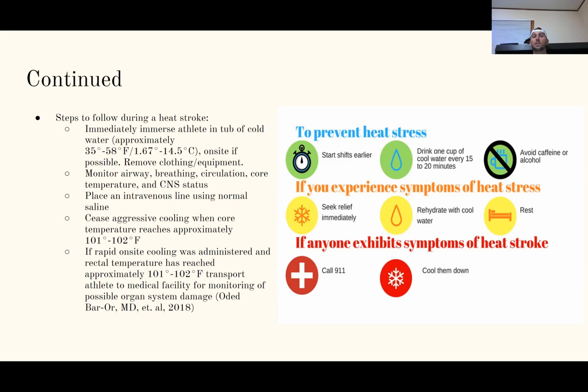And then once their body temperature gets below 102, we want to take them out of the tub because we want to make sure that they don't go into hypothermia. And then after that, it's important that we get them to the hospital in case any possible organ damage has been done. And over here to the right, I have just some quick tips to prevent heat stress. As you can see, I also talk about those later.